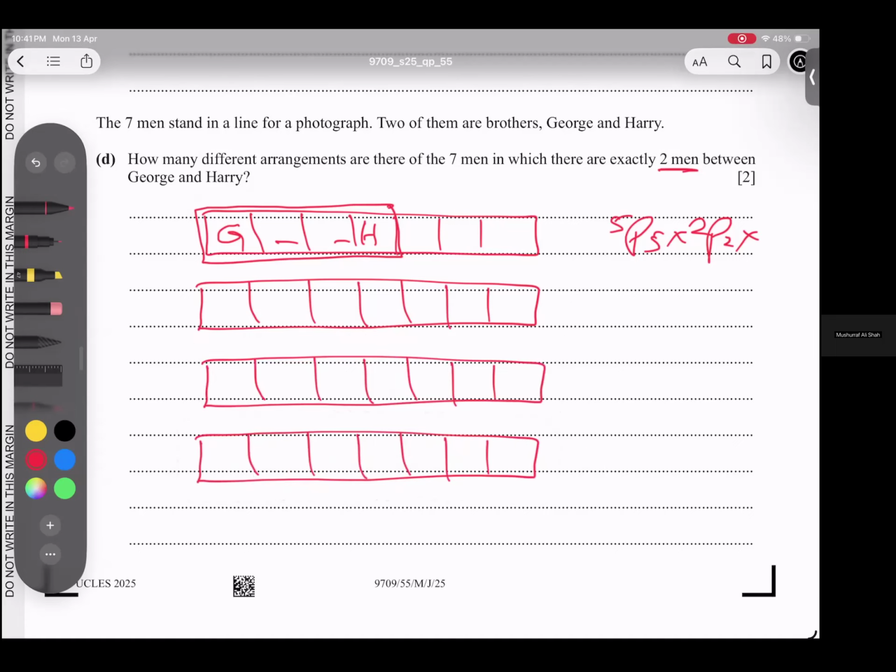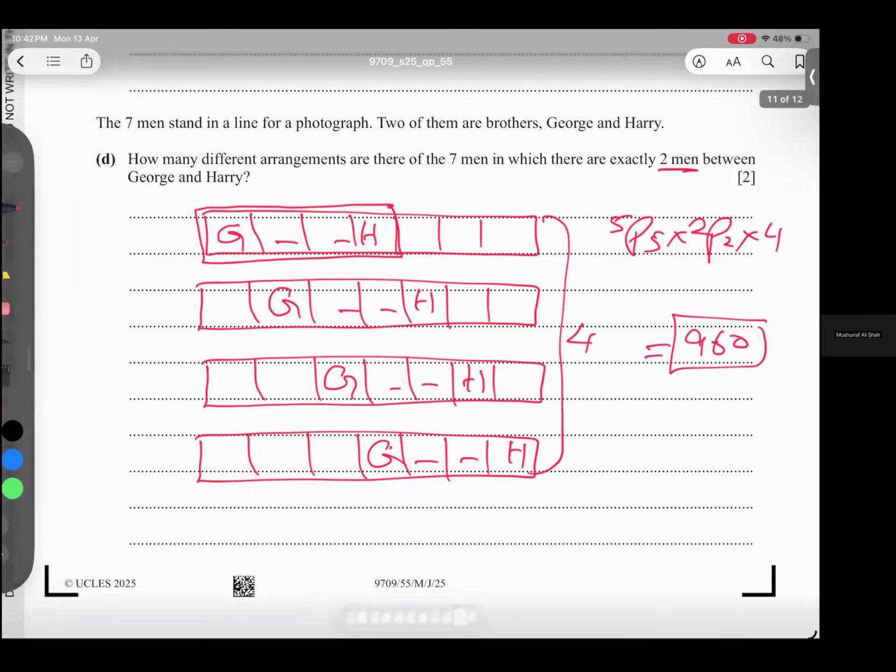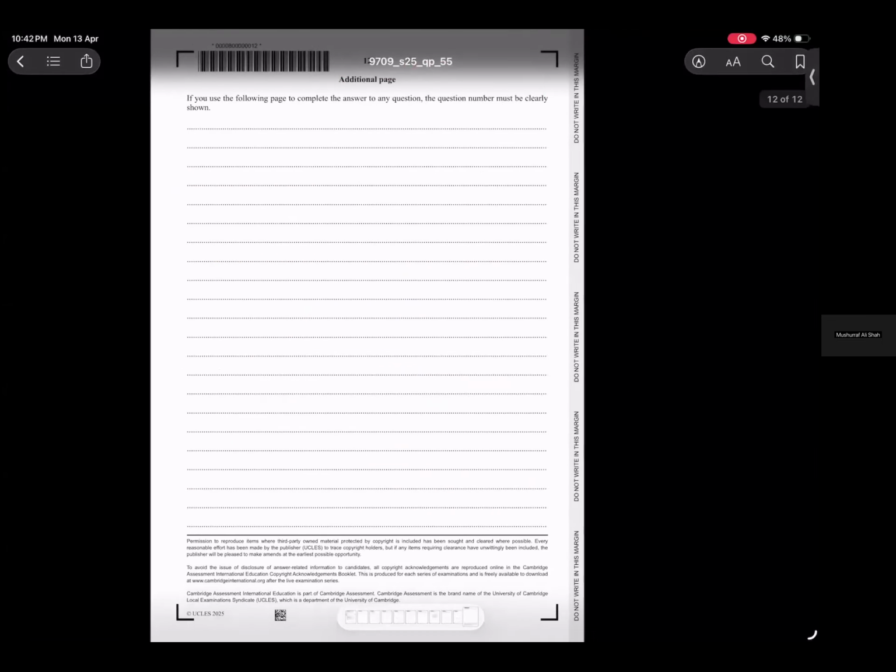I can tell directly: G and H here, the other two here; G and H here, the other two here; and so on. So basically, we have four options. So multiply by four. If I check it in the calculator, 5P5 times 2 times 4, we are getting 960. Total value is 960. I hope the concept of the question is clear, and the paper is completely done.